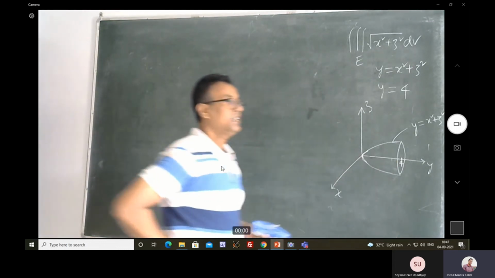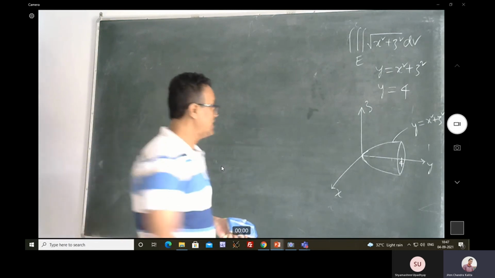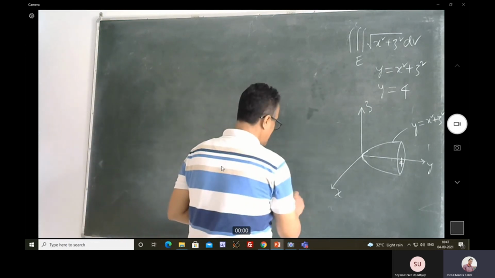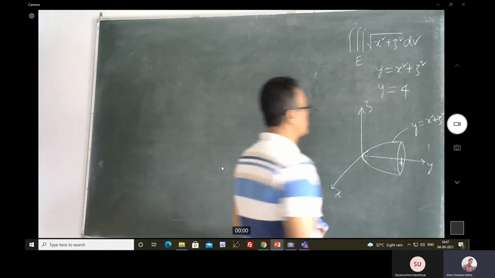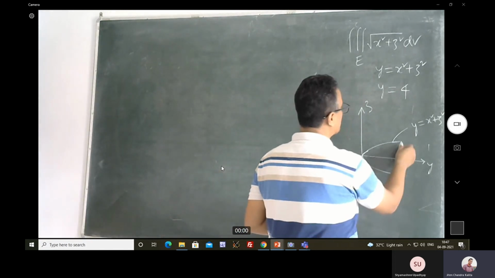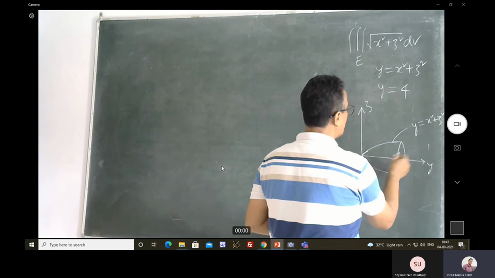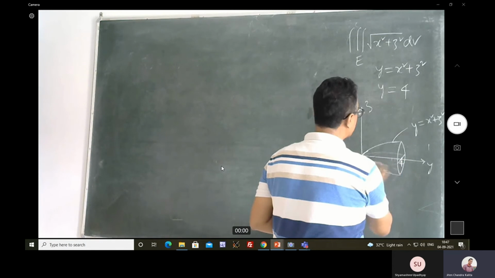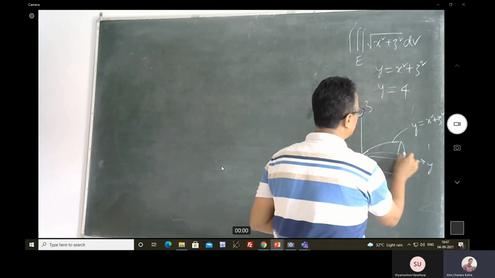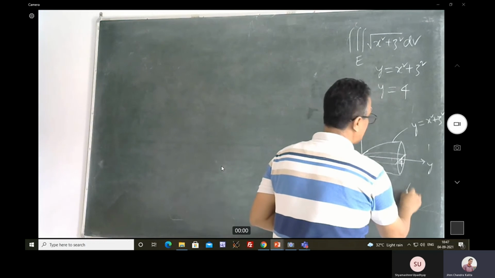If I consider the region E to be a type 1 region, then what we have to do is consider the projection of this paraboloid over the xy plane.